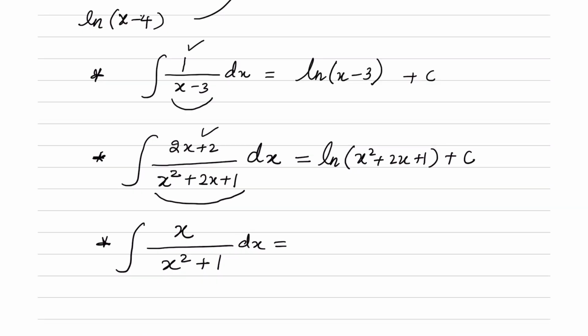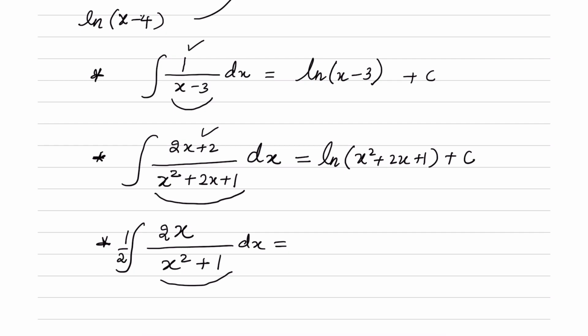Let's say you have to solve this integral, x over x square plus 1 dx. Now let's check that if there is something in the denominator, in this case it is x square plus 1, and its derivative is written in the numerator. What is the derivative of x square plus 1? Its derivative is 2x. In the numerator we have x but not 2x. So what you can do is you multiply it by 2 and you divide it by 2.